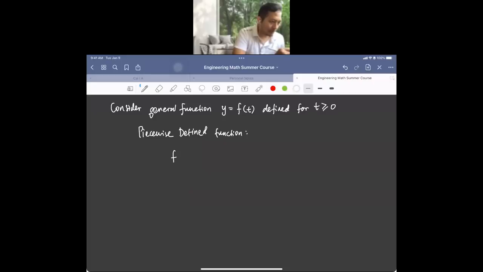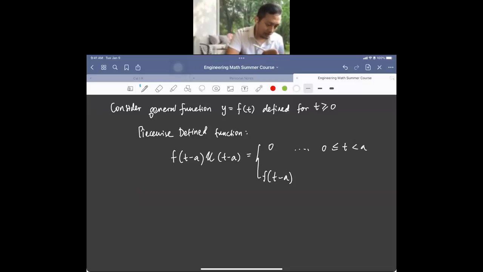This will be f(t minus a) Heaviside t minus a. It's either 0 or f(t minus a), because Heaviside makes it 0 or 1. This is for the interval 0 to a, because at a it is shifted, right? It means it's going from 1 to 0 or 0 to 1. And then it equals f(t minus a) when t is equal to or greater than a.